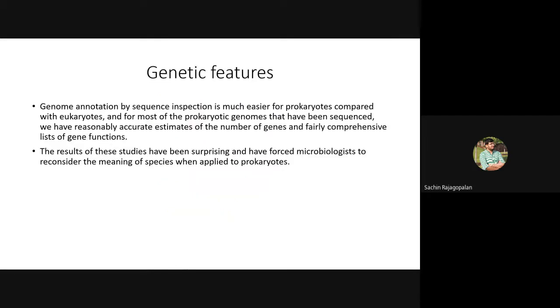Okay. Now let's go to the genetic features of the prokaryotic genome. It is very easy to annotate genes in the prokaryotic genome by just going through its sequence. You can recognize different genes by comparing with the databases that are available. Bioinformatics tools are very significant for this purpose, and most of the prokaryotic genomes have been sequenced now.